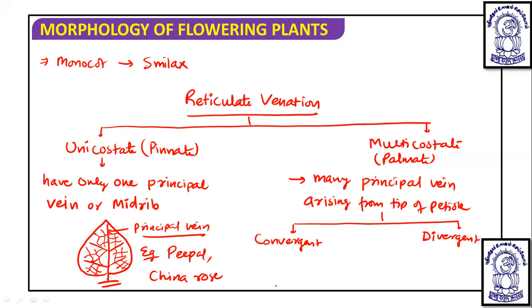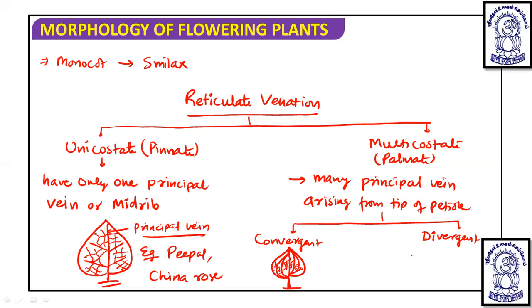If we talk about convergent, suppose this is a petiole and this is a leaf. Here is one principal vein, another, another, like this principal veins are formed. And here you will see the reticulate venation. So multiple principal veins are converging at one point, then it is known as convergent.